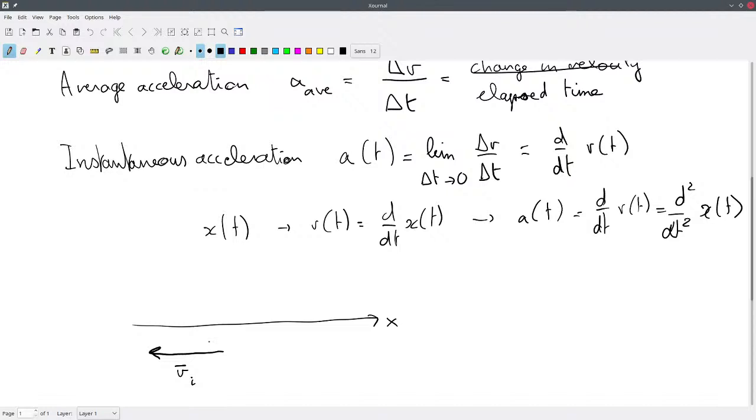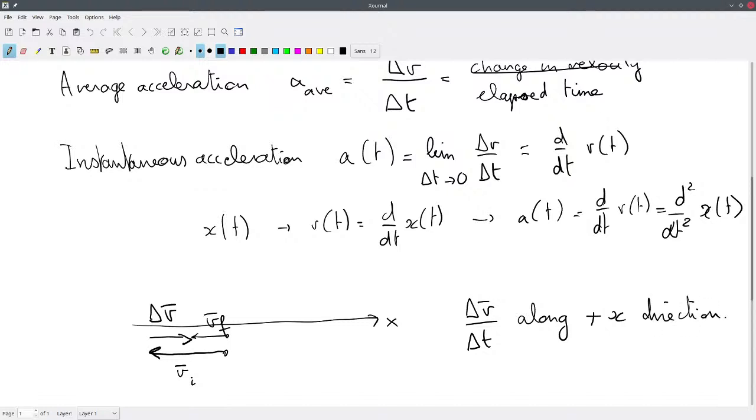So v final could be this, right? So the difference between vi and v final will be this, the change in velocity, and so delta v over some delta t will be pointing along the positive x direction. So the sign of that acceleration will indeed be positive.